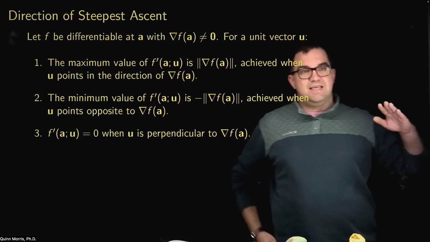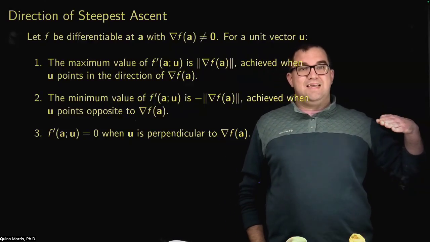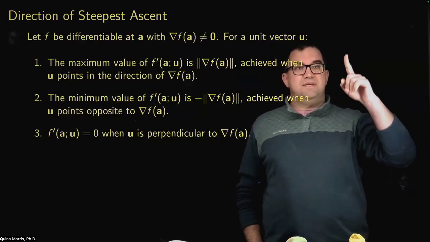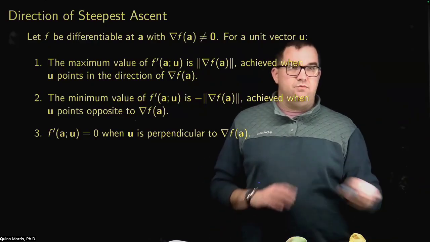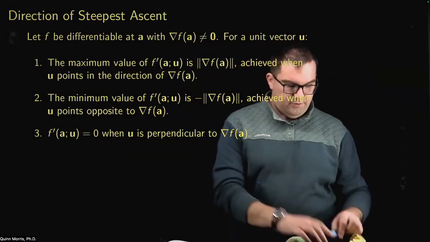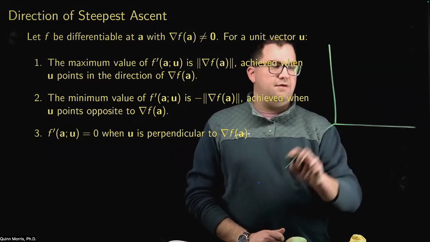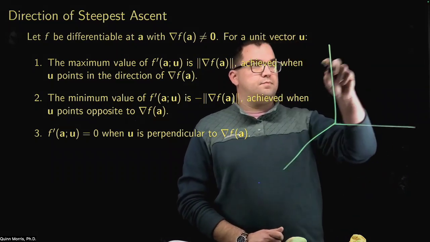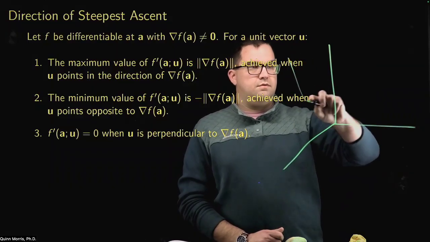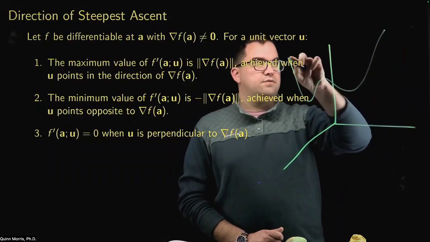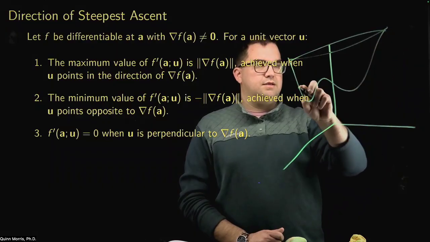So what this is saying is that the gradient vector points in the direction of steepest ascent. If I were to draw a picture, I have some function given by some sort of surface, looks like this.